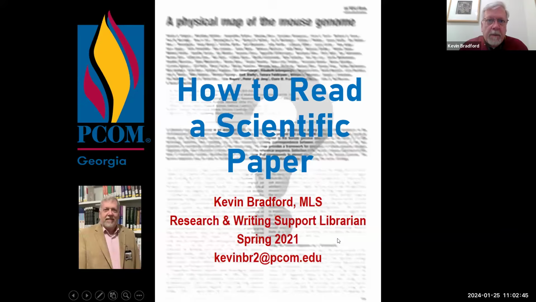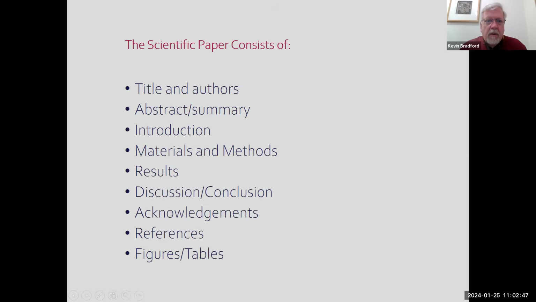Okay, so what we're going to talk about is how to read a scientific paper. And typically it's formulated in IMRAD format, the basics of it: the introduction section, the materials and methods, the results section, and the discussion and conclusion section.